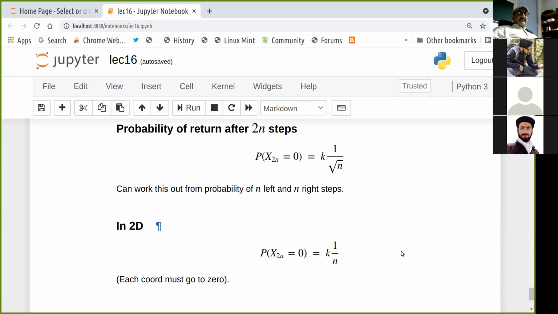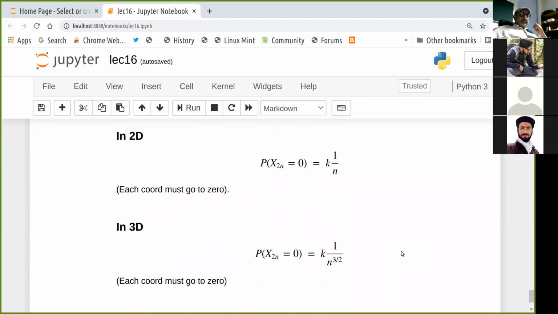You could imagine two coupled random walks together: one gives you the x coordinate and one gives you the y coordinate. The probability of getting back to the origin after 2n steps goes as 1 over n. And in 3D, it goes as 1 over n to the 3 halves.